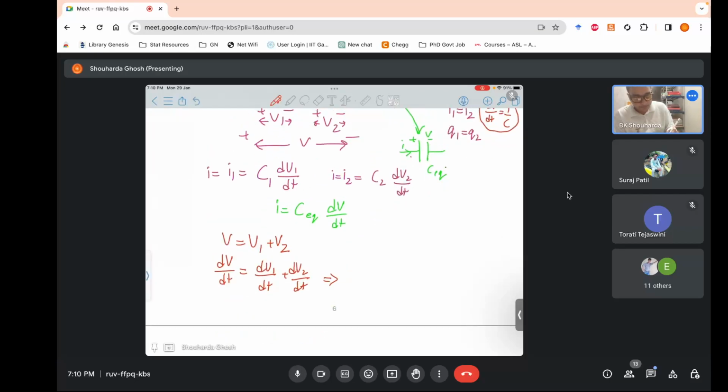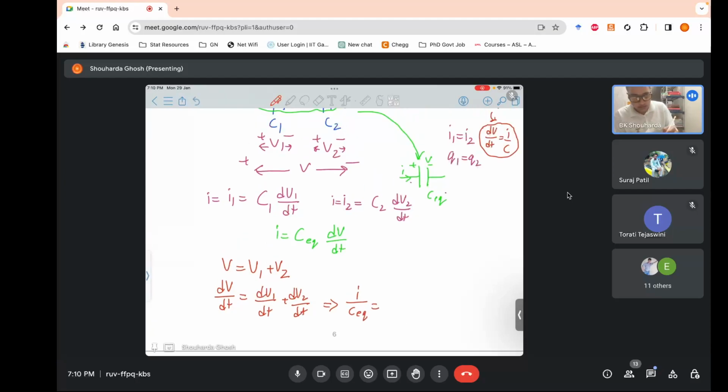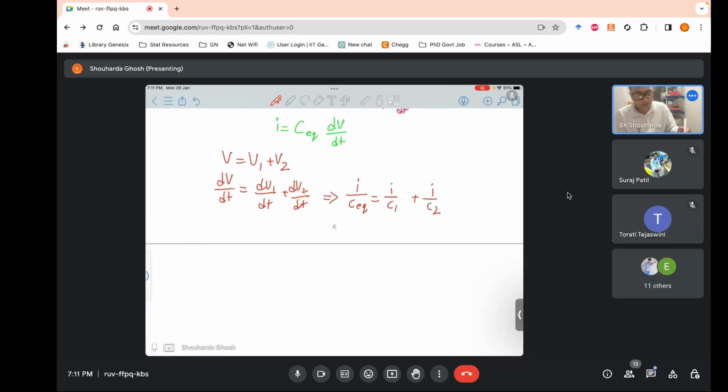So it will be I upon Ceq. And dV1 upon dt is the same I by C1, and dV2 upon dt is the same I upon C2. Now you remove the I's from there: 1 upon Ceq equals 1 upon C1 plus 1 upon C2.